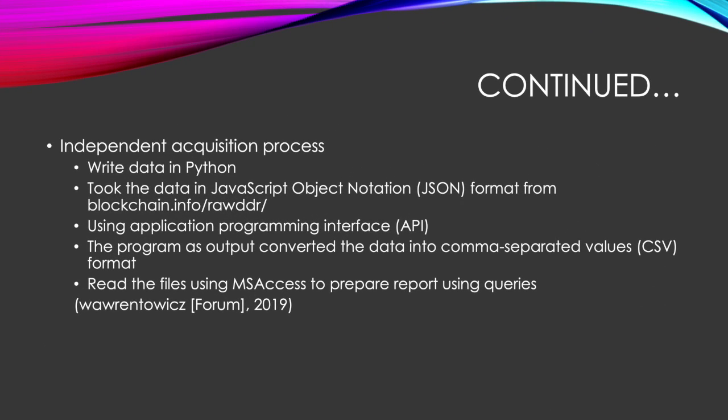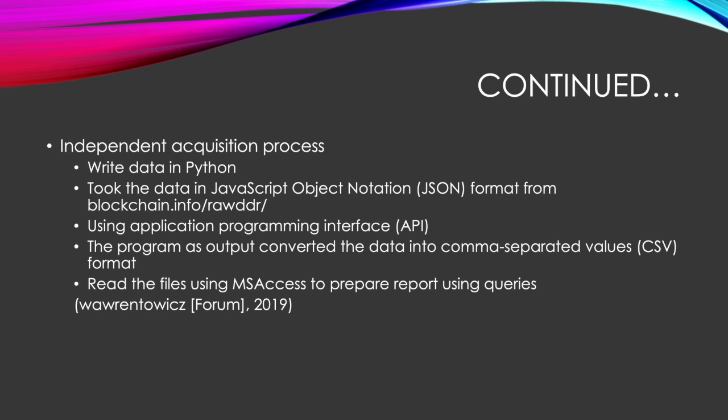One independent acquisition that I learned during my research: I reached out to a closed forum and asked some investigators what their methods for acquisition of information were, and one of them told me that they wrote data in Python.